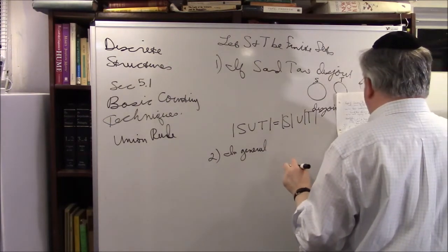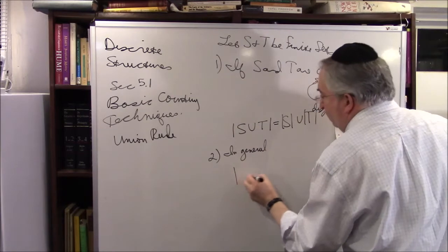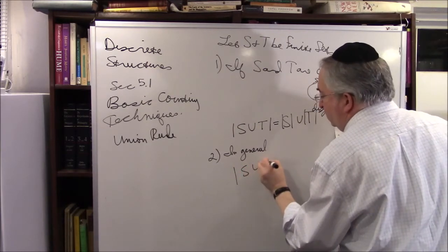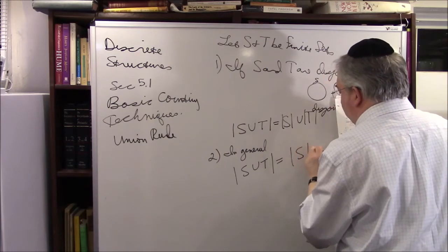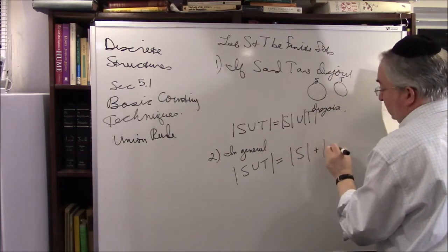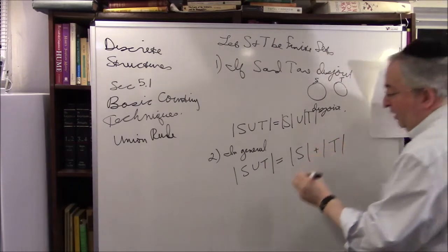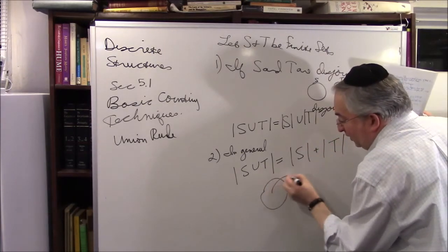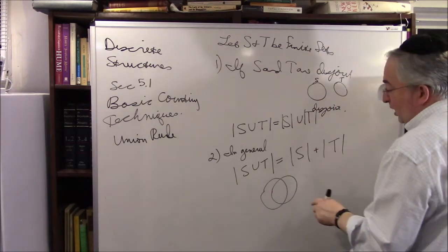In general, the number of elements in S union T is equal to the number of elements in S plus the number of elements in T. Okay, hold on. But here, there might be an overlap. In other words, the intersection might not be empty. Well, in that case, look what we did.